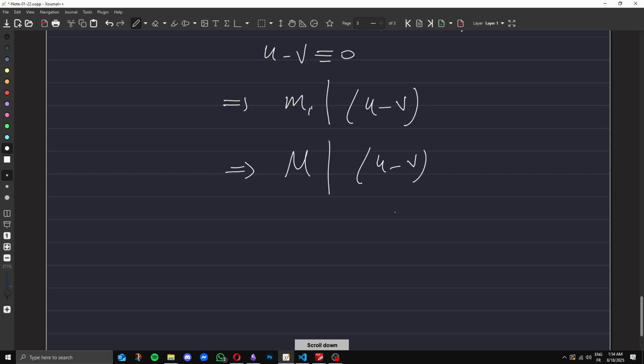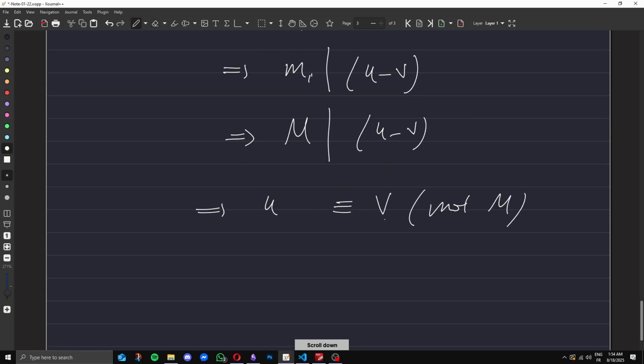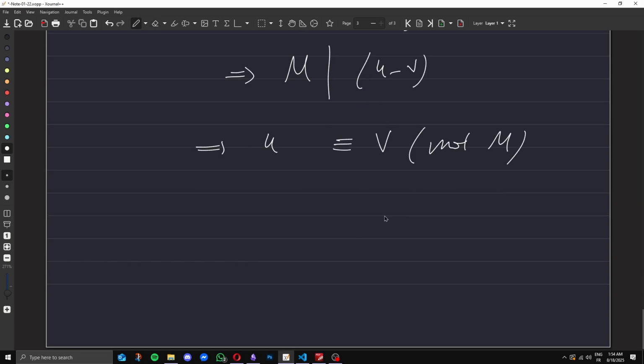Okay, which then means that u minus v is congruent to 0 modulo m. Okay, so let's bring v here, then u is congruent to v. So essentially, they have the same remainder modulo m, these random two solutions we chose, which means they are the same solution taken modulo m. So we've proved the uniqueness now.